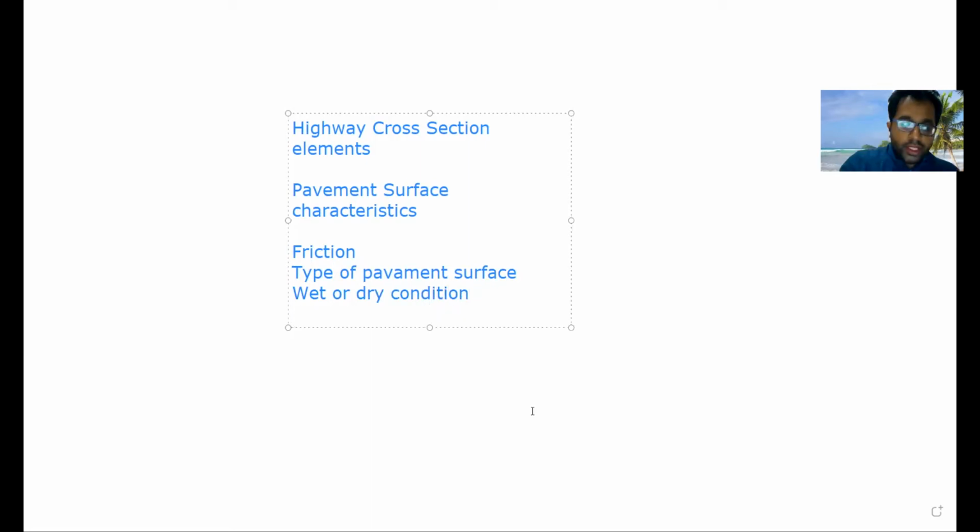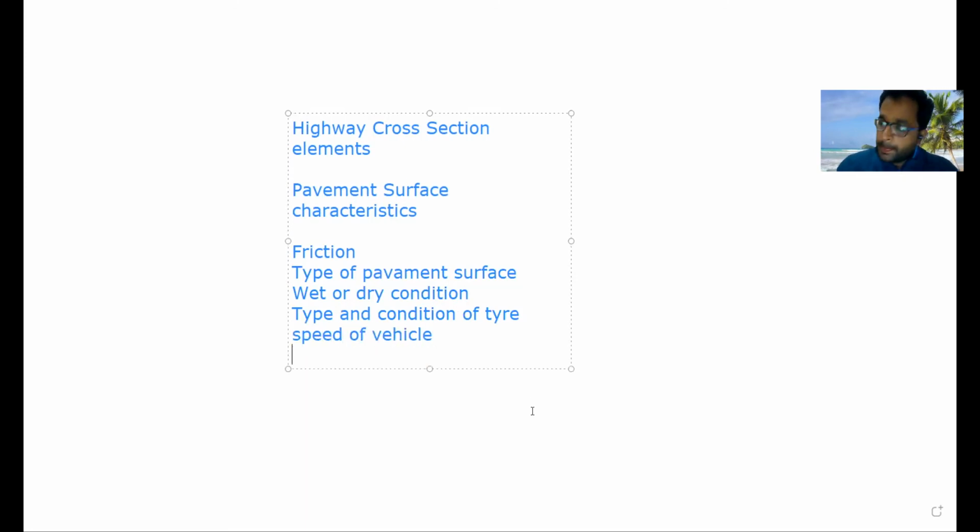Then type and condition of tire. Then speed of vehicle. Then brake application and efficiency. What is the type of application of brake, and what is the efficiency?